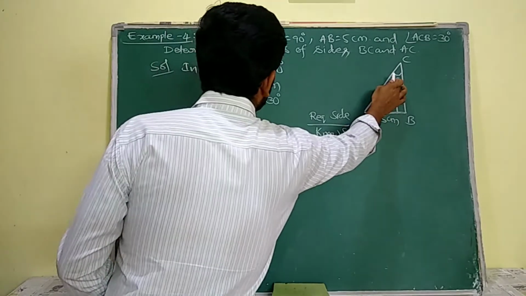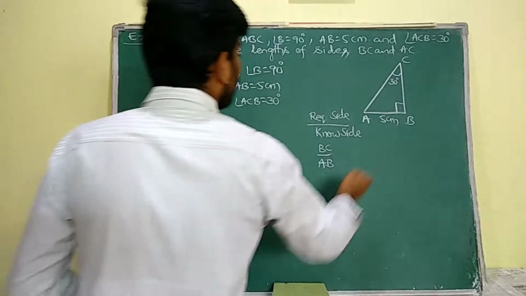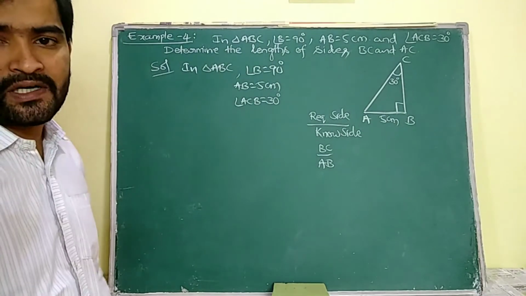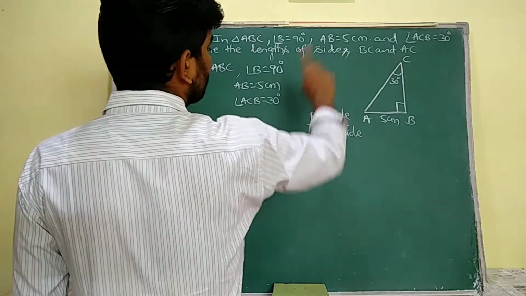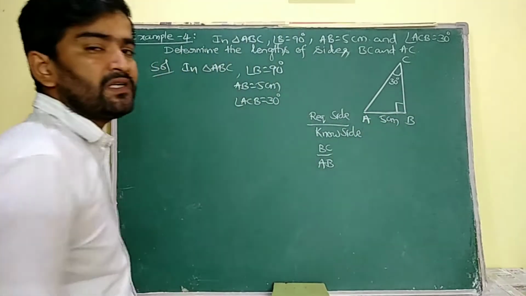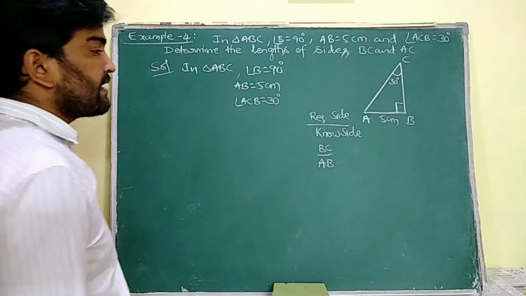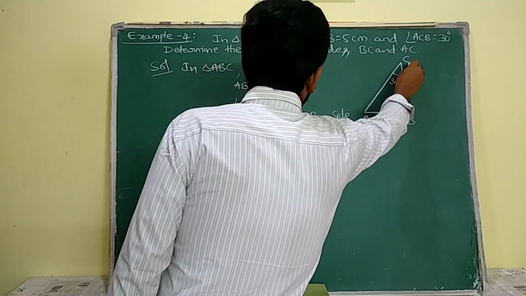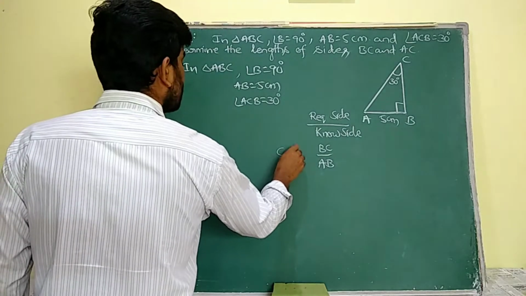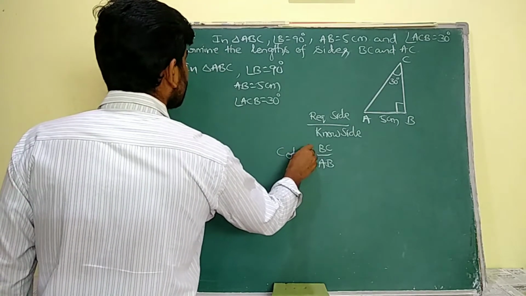With respect to this 30 degrees, BC by AB means what you have to think. Firstly assume I want to calculate BC. So BC by AB with respect to that 30 degrees means adjacent side by opposite side, that is cot. Cot 30 degrees.